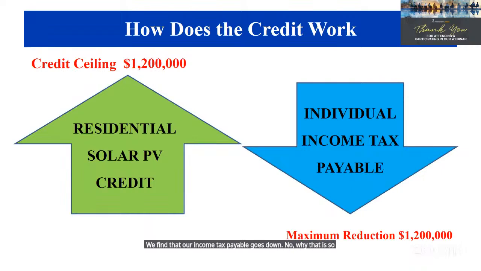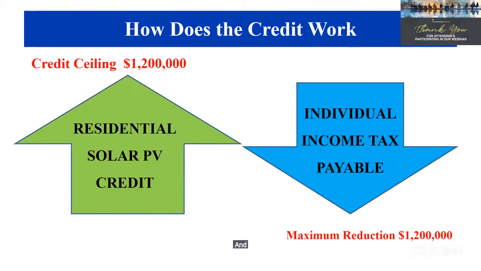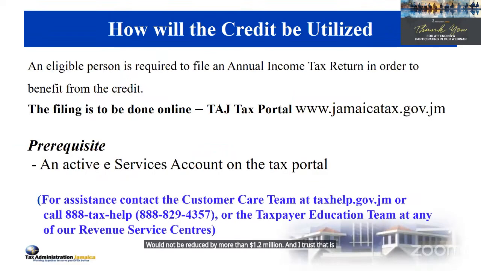Because at the initial installation, you don't necessarily have to install a system for $4 million. Initially, you may install a system for less, and then you gradually add to that. But the fact of the matter is you will not get a credit for more than $1.2 million, and so your income tax liability would not be reduced by more than $1.2 million. And I trust that is clear.